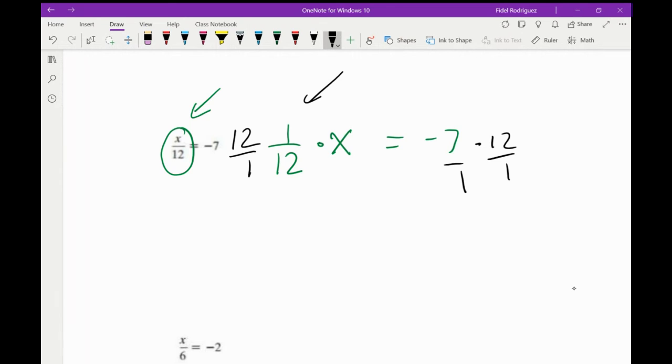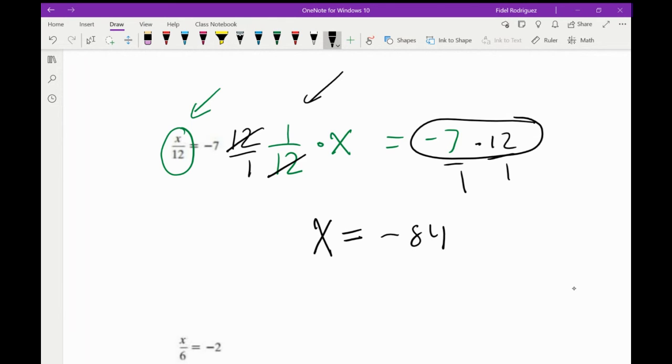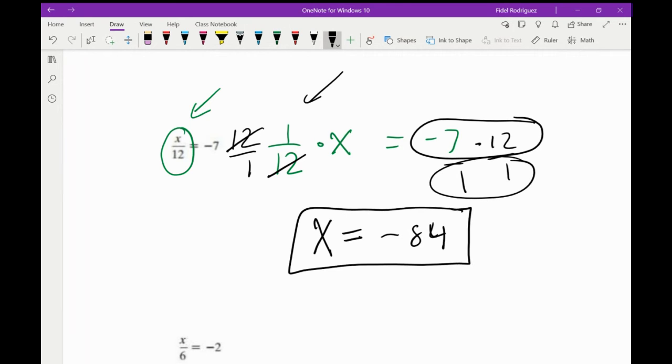Now, remember, like I said before, this 12 and that 12 are going to cancel. So I'm just going to get my x. And then I'm going to multiply these together. So -7 times 12 is going to leave me with -84. -84 over 1, it's still -84, right? So I'm just going to leave it like that.